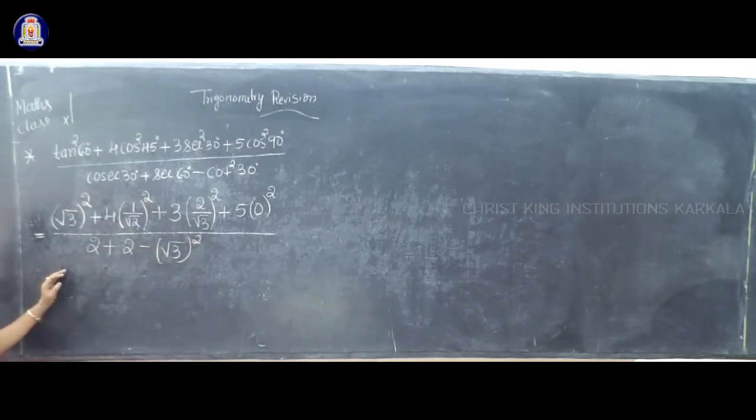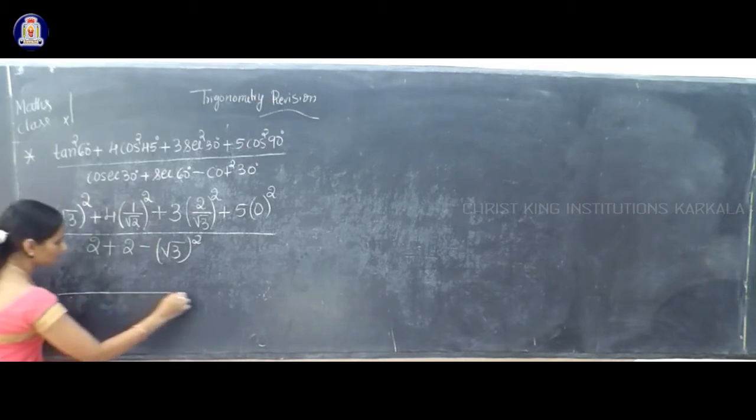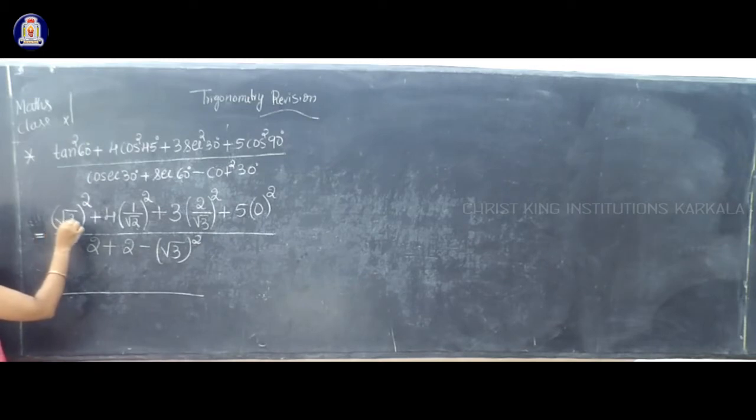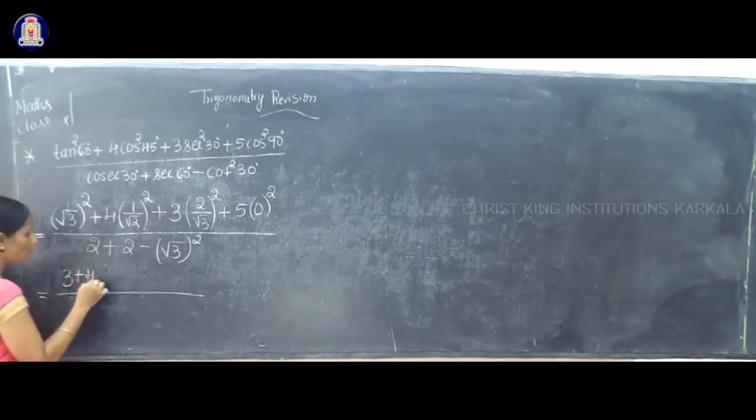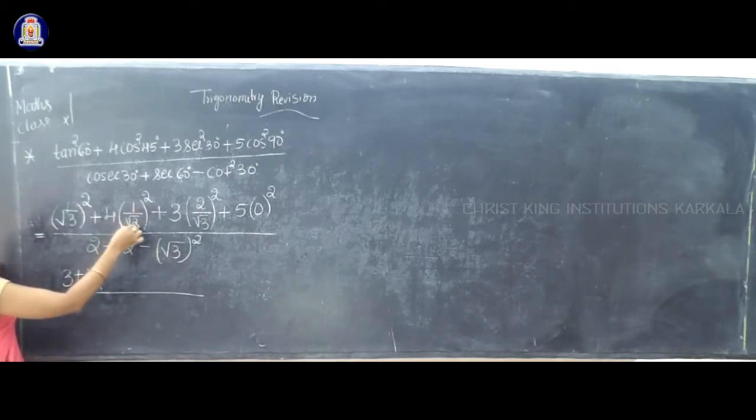Now simplification. Here, square root of 3 whole square: square and square root cancel, giving 3.